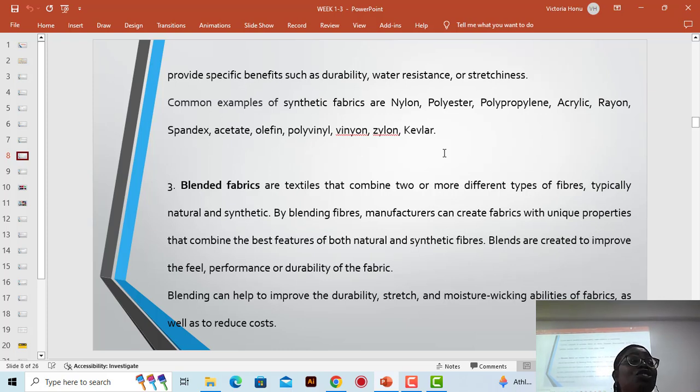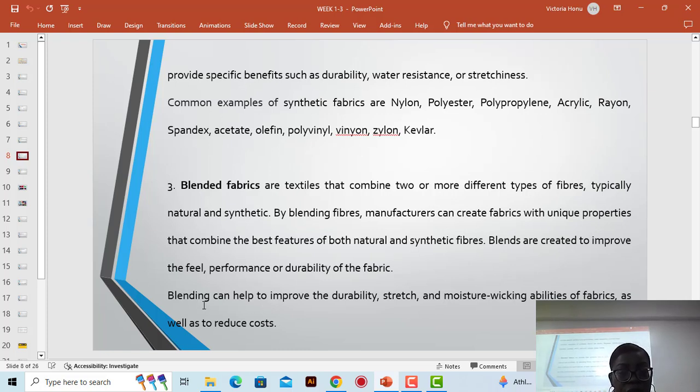So they can induce whatever properties they want. If they want it to be non-absorbent, it will be done. If they want it to have a bit of sheen, they will do it. Okay, so that is synthetic completely. But blended uses different types of fibers. It could be two types of natural fibers or whichever way, depending on what the textile designer wants to do.